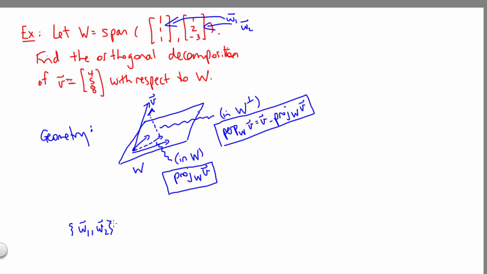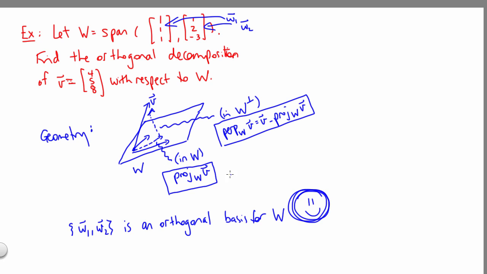So we could say W1, W2 is an orthogonal basis for W. And I'm going to write a huge happy face beside that because that tells us that the projection is then going to be very easy to calculate.